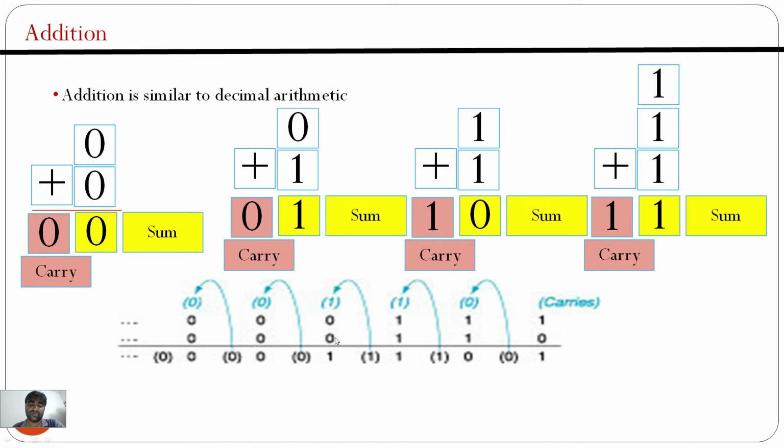So 1 plus 0 plus 0 is 1 with carry 0, and this carry goes forward here. So 0 plus 0 plus 0 is 0, and the carry is 0. So the answer, starting from the LSB, is 1 0 1 1 0 0. This is quite a simple operation of binary addition.